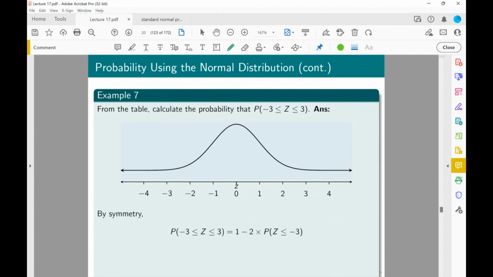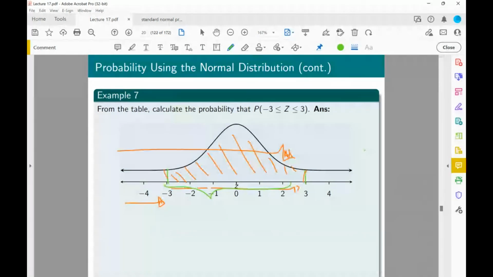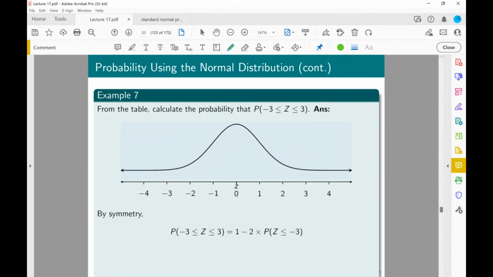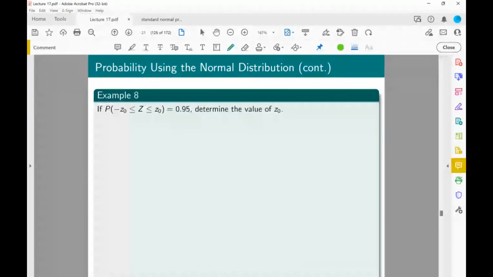Or alternatively, we could note that it's really just going to be 1 minus what's over both endpoints. So 1 minus 2 lots of the probability that z is less than minus 3, which represents that area here, which if we look at the table is 0.001, so the whole probability should be 0.9974. So maybe you can double check that using the other approach.